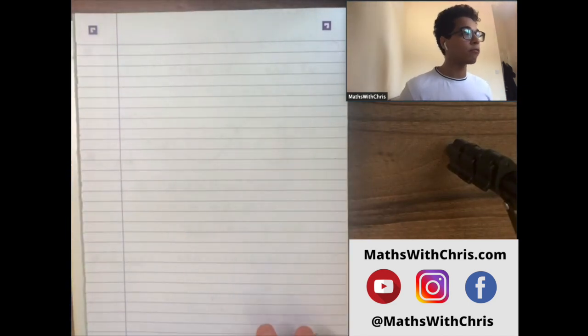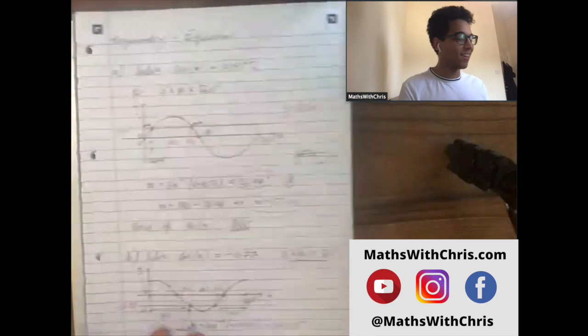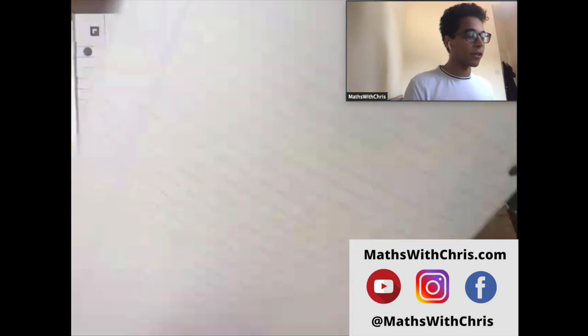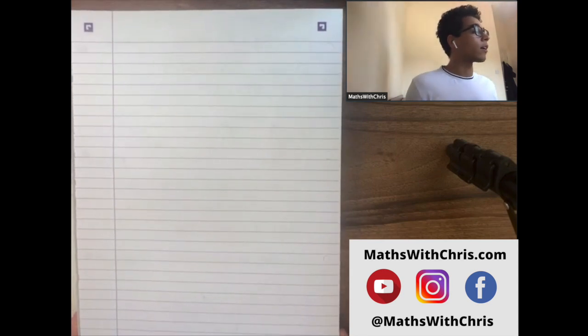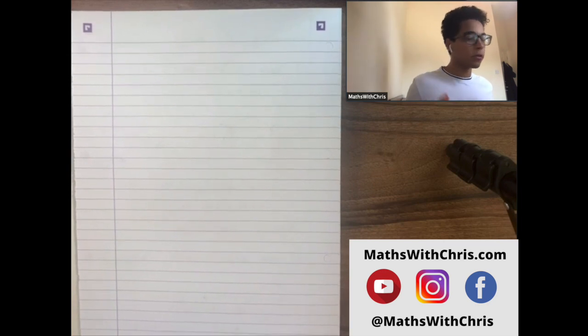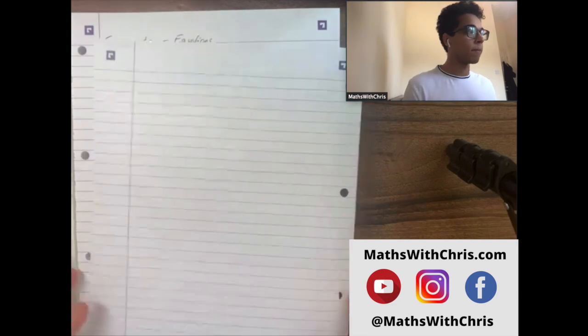If you remember those rules, then you don't need CAST diagrams. They're weird. It's all in the graphs. There's a few things in A level that I refuse to do out of moral principle. No, so you can either use CAST or graphs, but graphs is the way to go, so definitely do that.